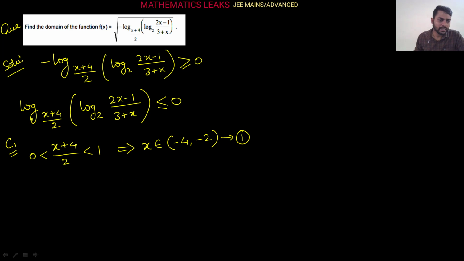So according to this, when the logarithm base is between 0 and 1, this logarithmic value should be less than or equal to 0.